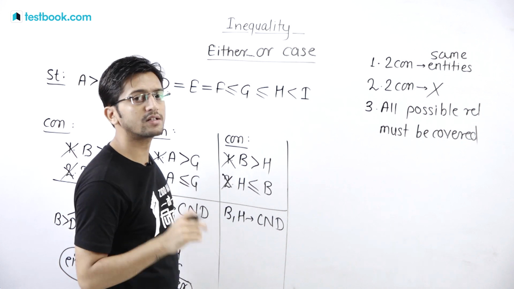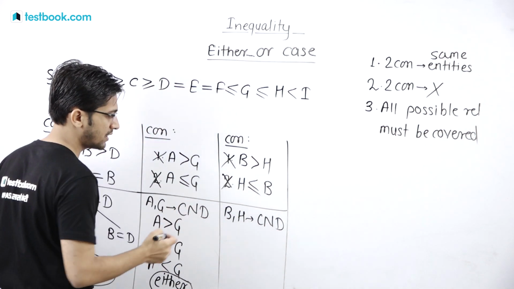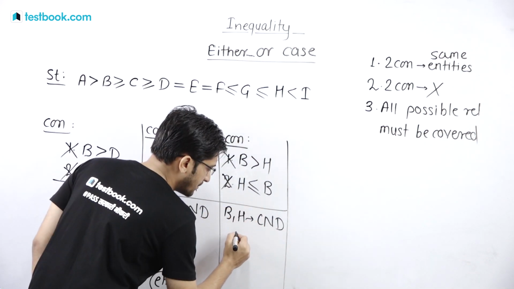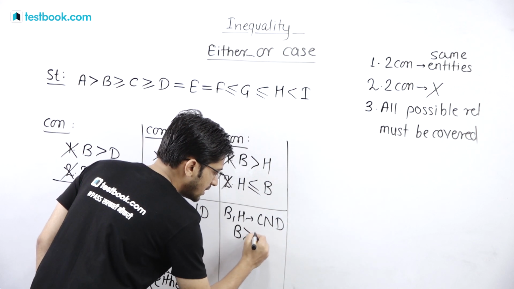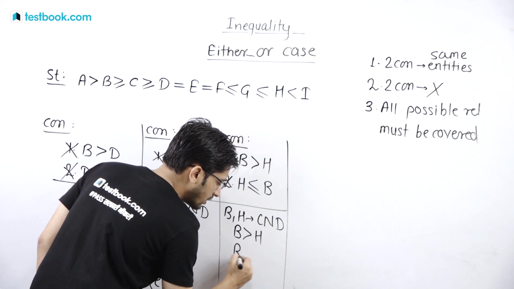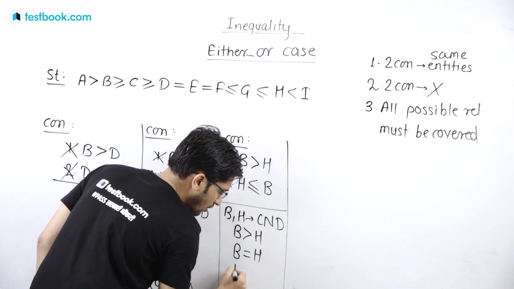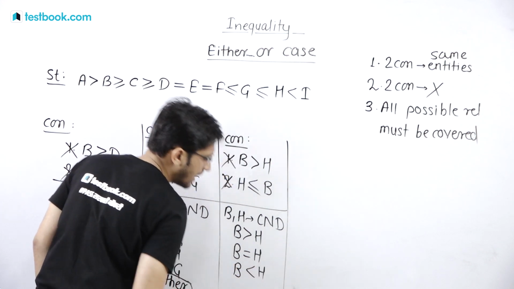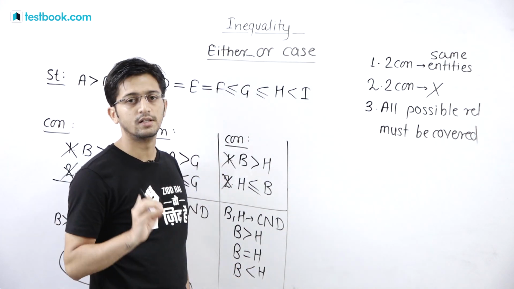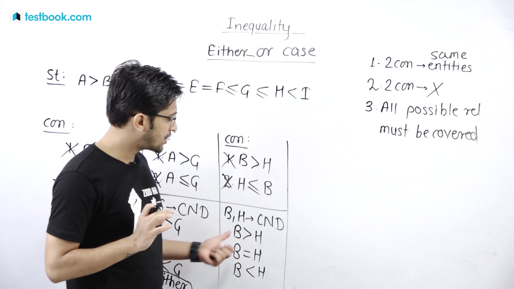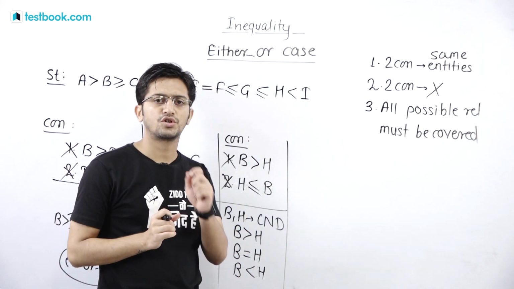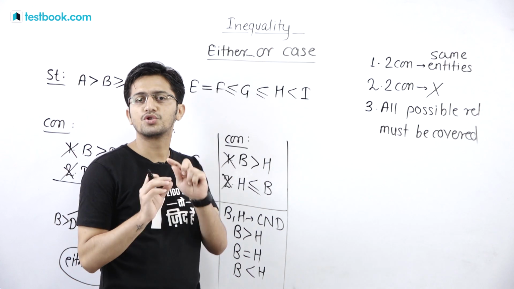Our task is to check third condition. All possible relations. What are all the possible relations between B and H? B is greater than H, or B might be equal to H, or B might be less than H. Now, we'll check whether all these three relations are covered in the conclusions or not.